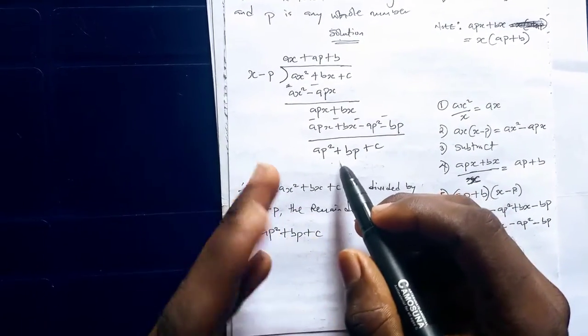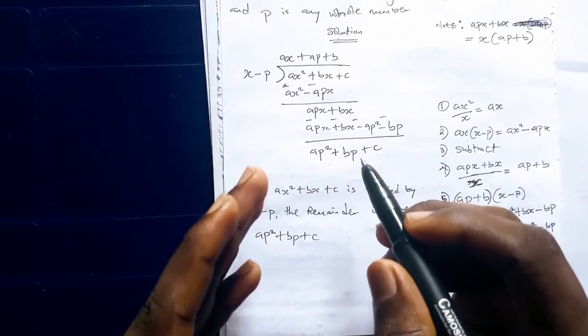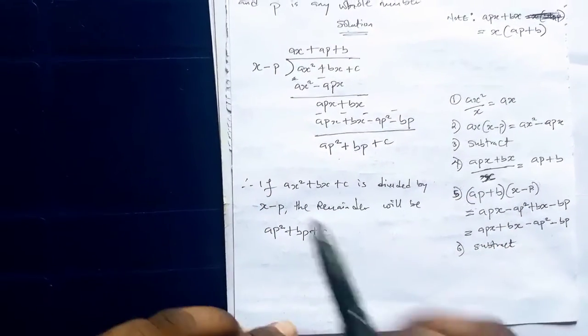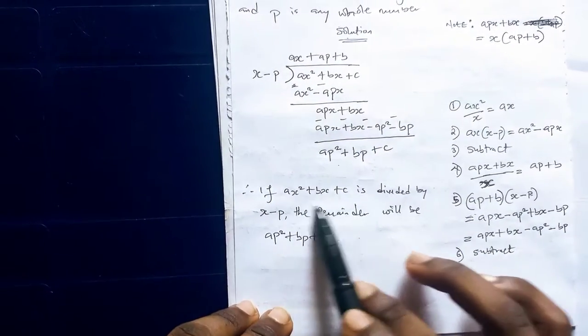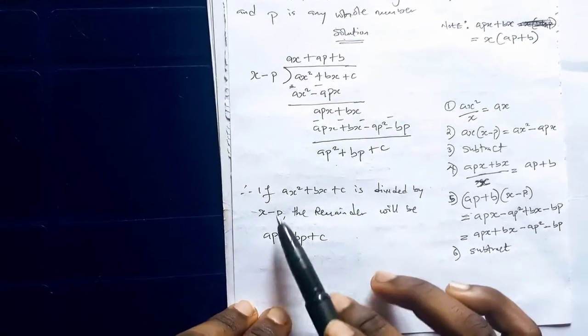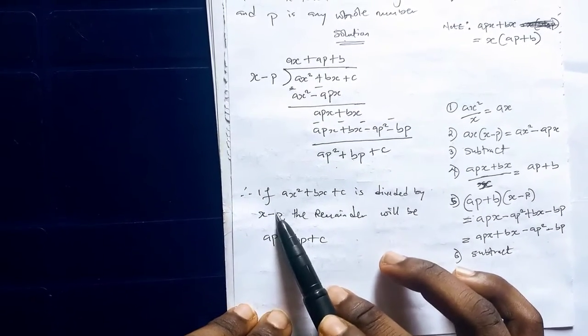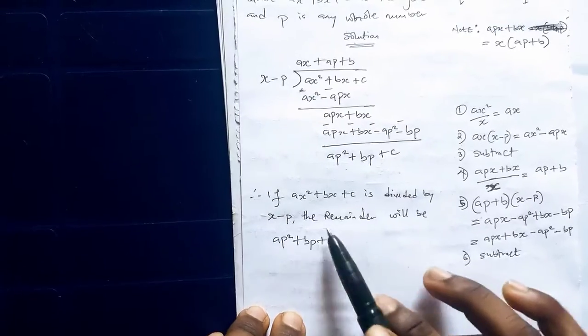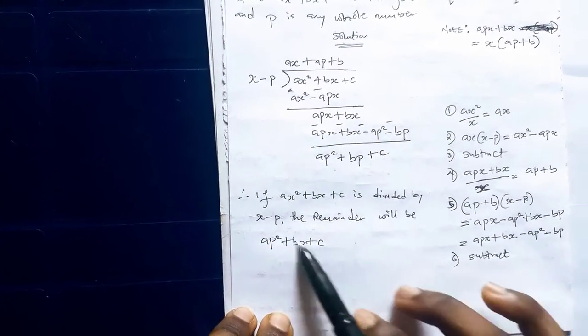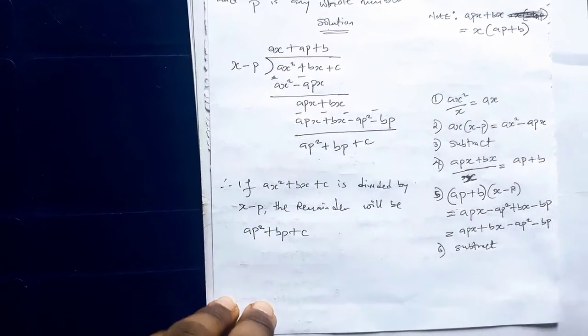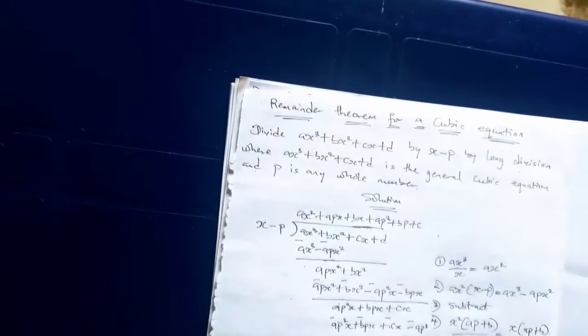Now, this is what the remainder theorem is talking about. That if a quadratic is divided by x minus p, where p is a whole number, the remainder will be this.